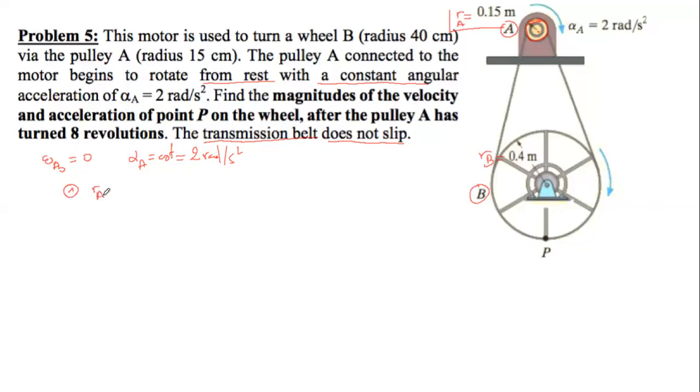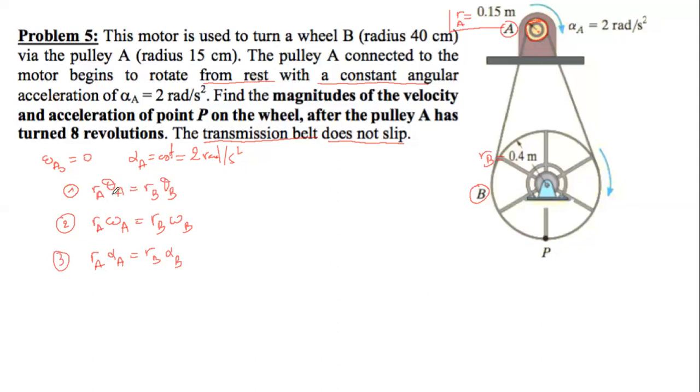RA times theta A is equal to RB times theta B. We all remember that, okay? Second relationship, RA times omega A is equal to RB times omega B. And third relationship, RA times alpha A is equal to RB times alpha B.